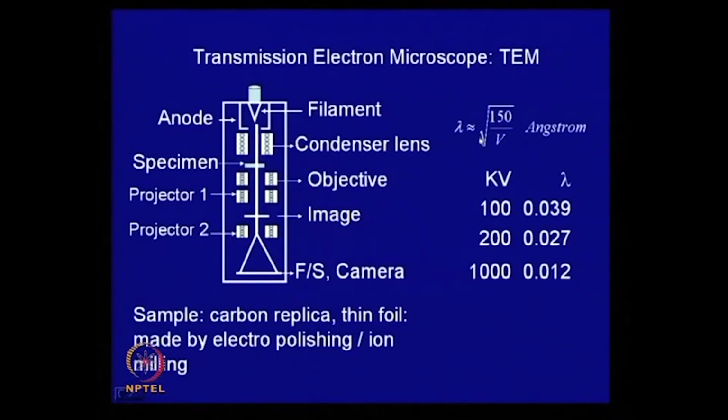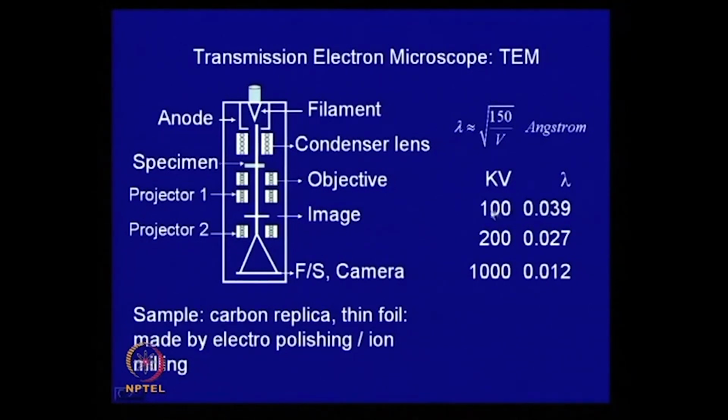Regarding the wavelength, it has a direct relationship. The wavelength corresponding to that electron beam can be calculated using this expression: root over 150 over voltage, and this gives you the wavelength in angstrom.